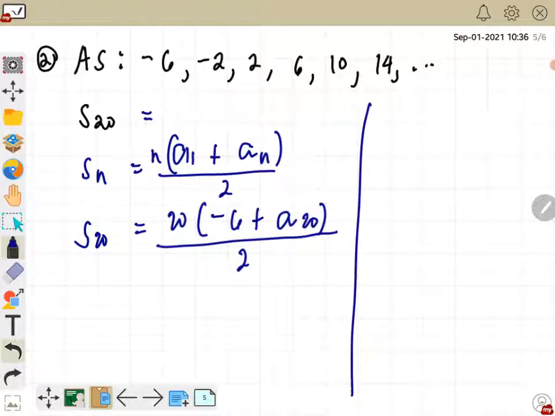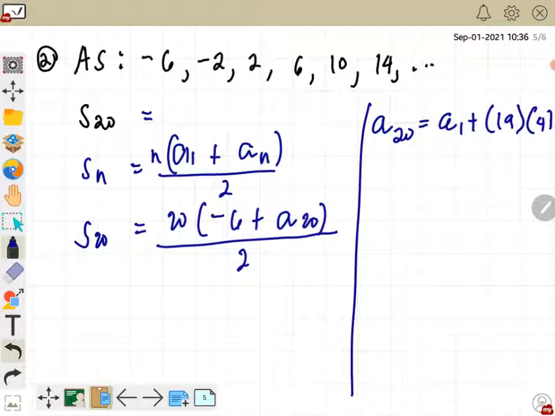So we need to find the 20th term. The 20th term is a sub 20 using our arithmetic sequence. We have a sub 1 plus n minus 1, that becomes 19, times our d. D is simply -6 plus 4 is -2, -2 plus 4 is +2, so 4 is the value of our common difference.